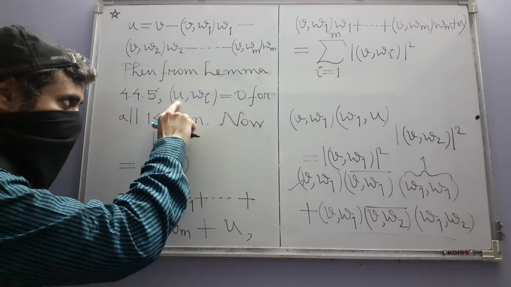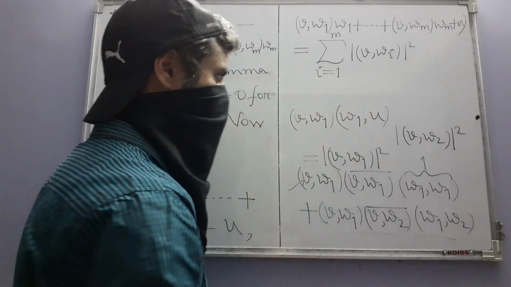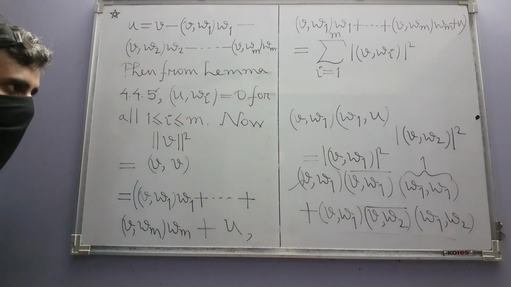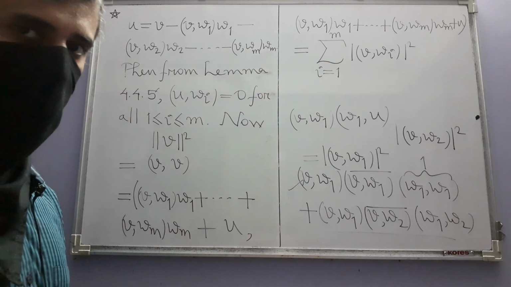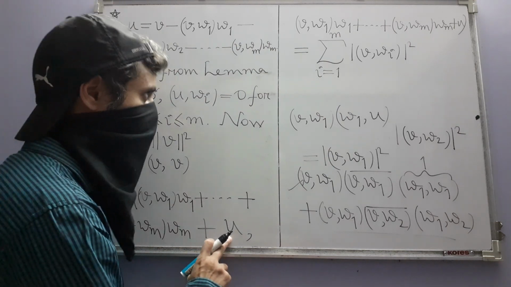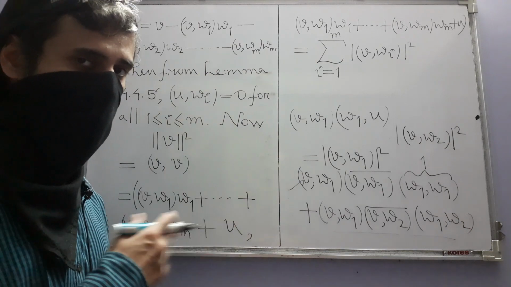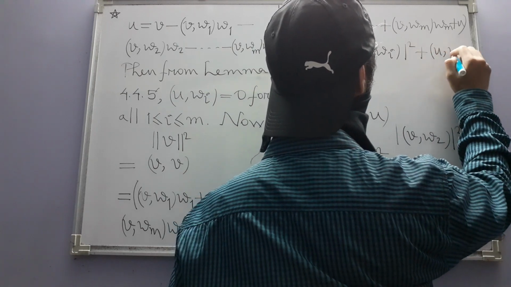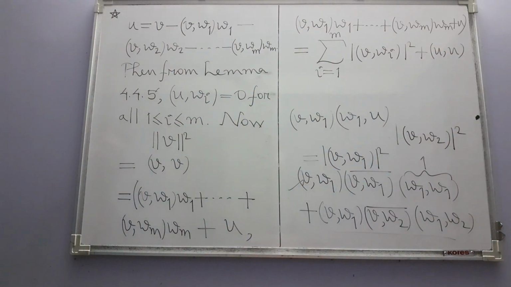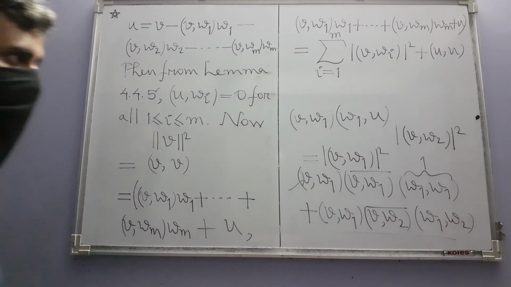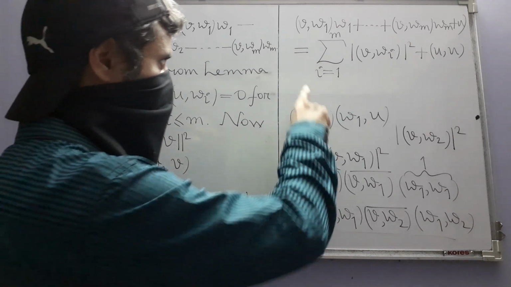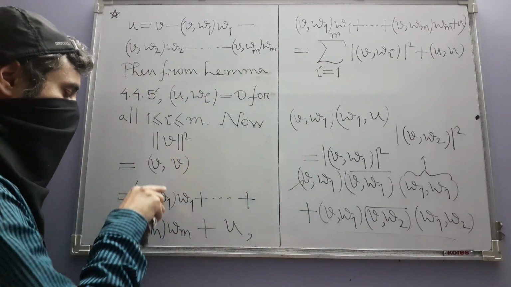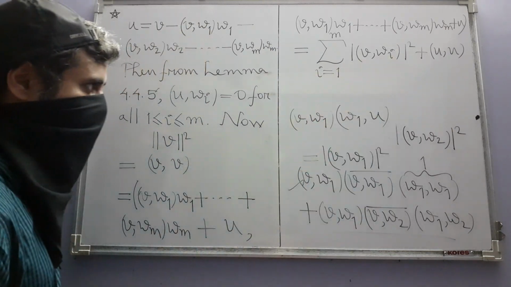But because of these things, this is also not going to survive, and we indeed have only this. But there is one more term that is going to come and which will stay, which is the inner product of u with itself, because we were considering all possible products. So that term survives. So finally, this is not greater than or less than or anything, but is in fact exactly equal to this plus this.